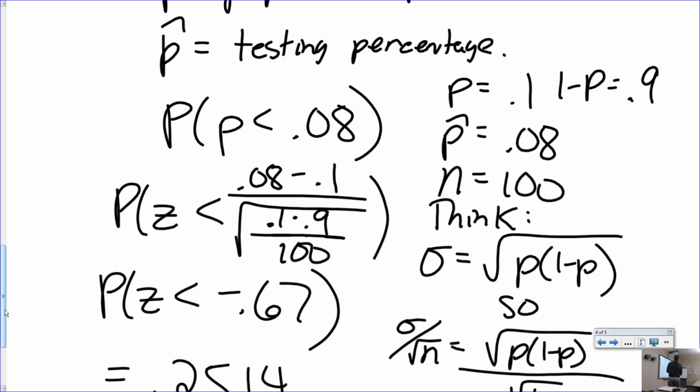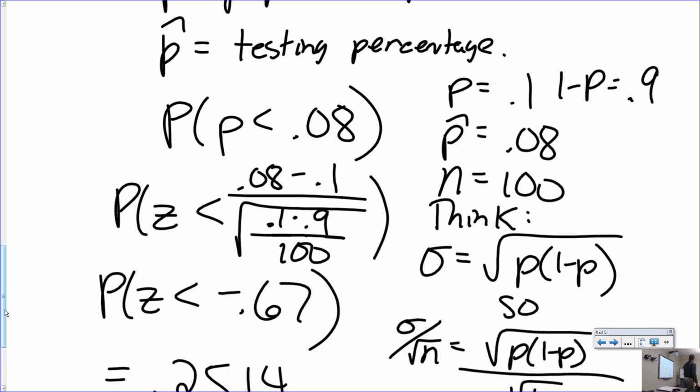So if my n had been something like 20, if there were only 20 students in my class, then you should have said this problem is not doable. Because what's 20 times 0.1? 2. 2 is not greater than 5, therefore the central limit theorem fails.